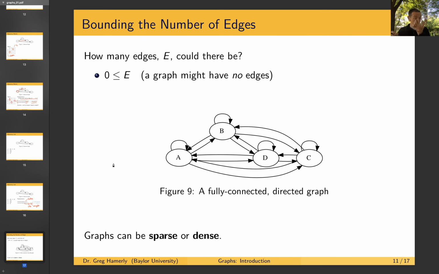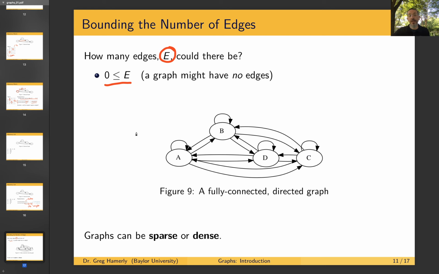Now, let's talk for a minute about how many edges could possibly exist in a graph. In other words, let's try to relate a bound on E, the number of edges. Clearly, the number of edges is greater than or equal to 0. Obviously, a graph might have no edges, in which case E is 0, and E is a non-negative number. But what is the largest number of edges that could be?